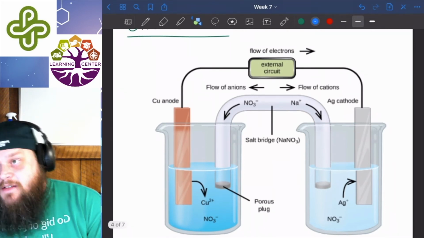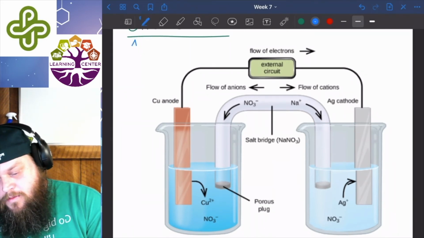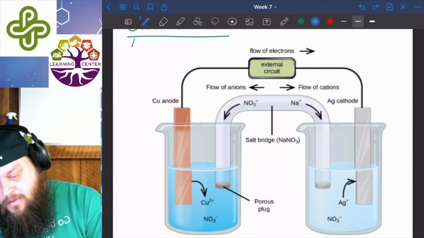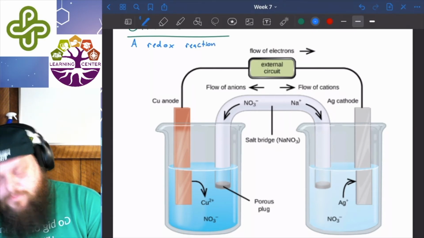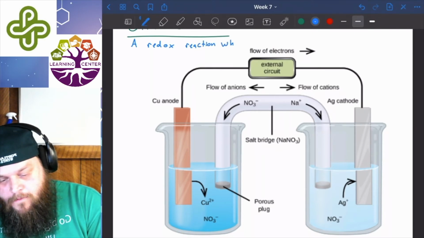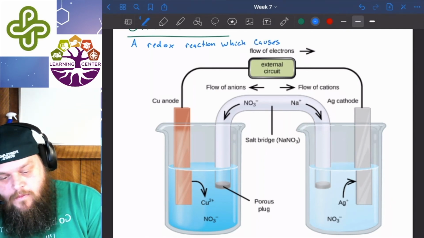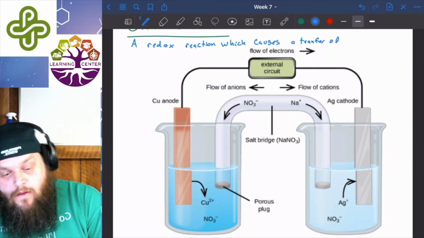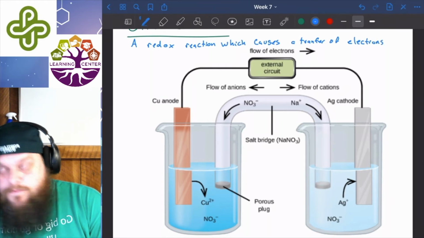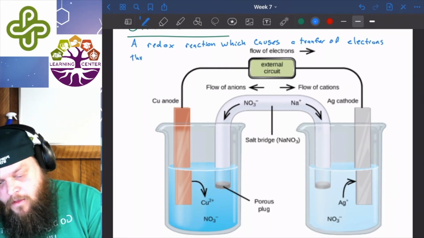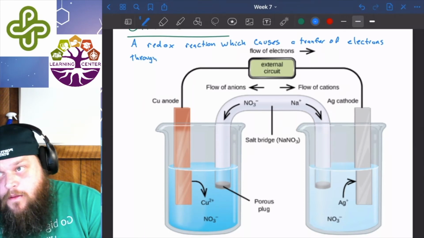So I can say, let's draw with the right color. It's a redox reaction which causes a transfer of electrons through a circuit.